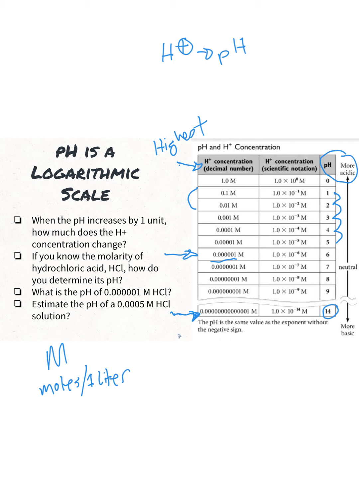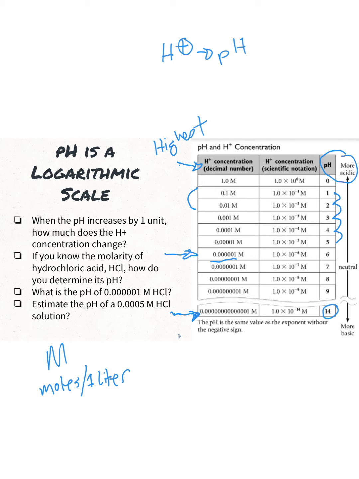So in scientific notation, that gives us 1 times 10 to the negative 6 moles in 1 liter of water. Okay, and so what we're noticing is that the exponent is negative 6 molar. Again, a very, very small fraction of this solution has H plus in it. And what that gives you directly is the pH.